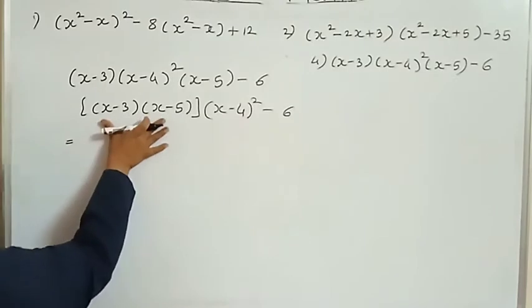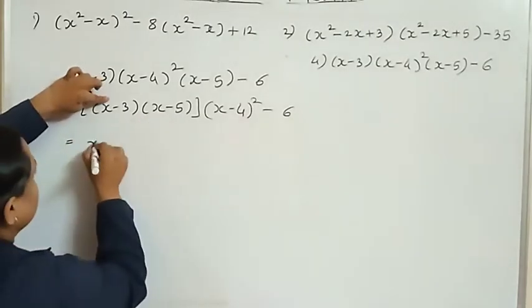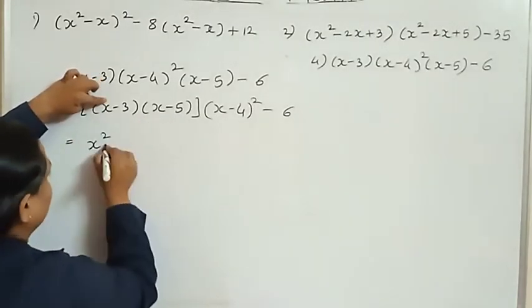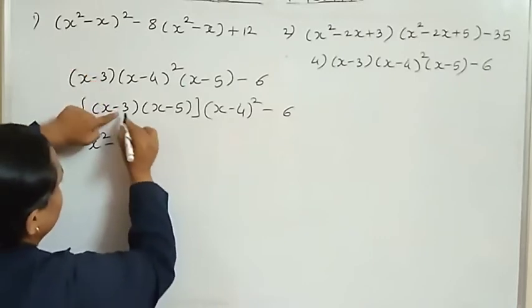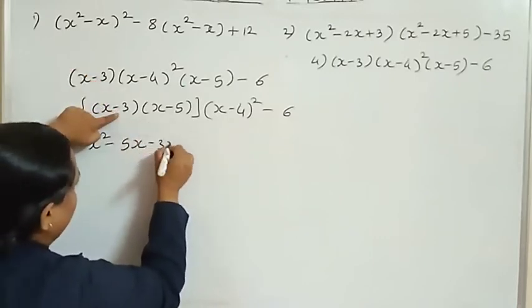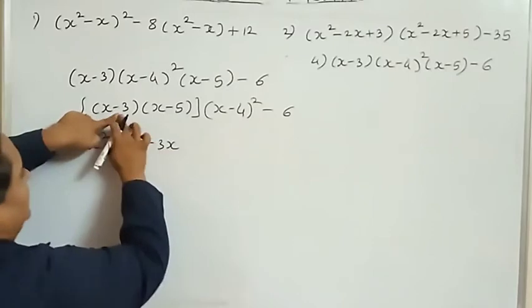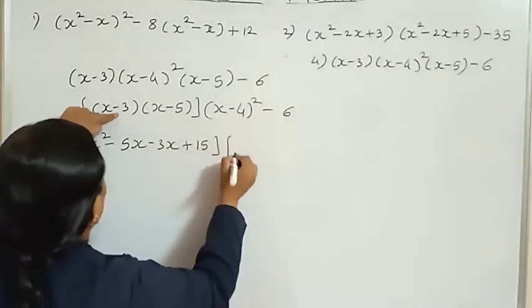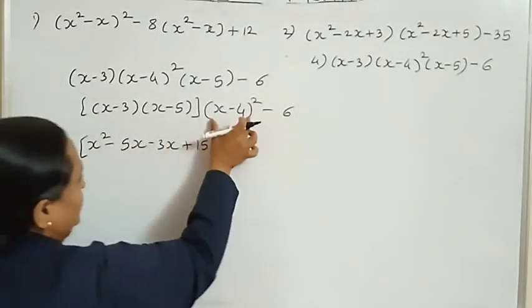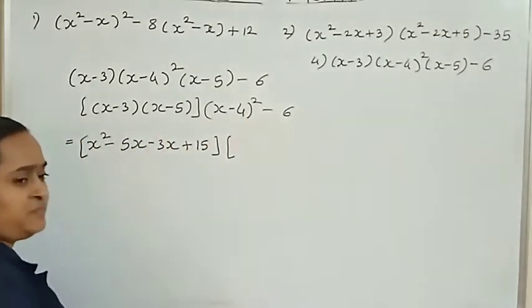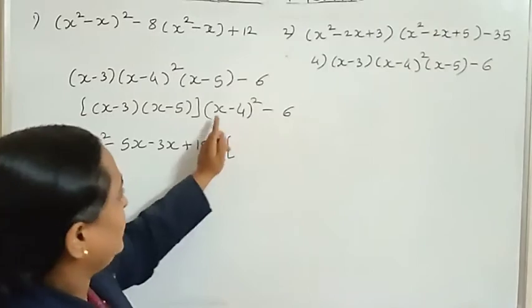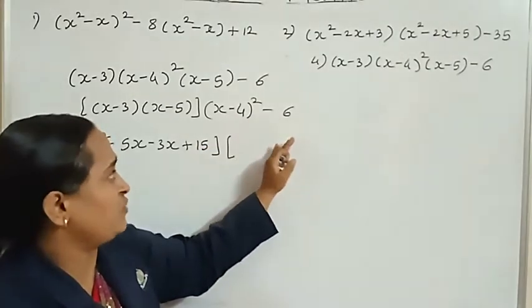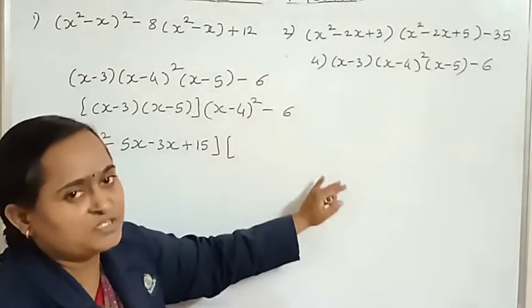Now here first multiplication we will do: x into x, x square, x into minus 5, minus 5x, minus 3 into x, minus 3x, minus 3 into minus 5, plus 15. Now here expansion of this. For this expansion one formula is there: a minus b bracket square is equal to a square minus 2ab plus b square.